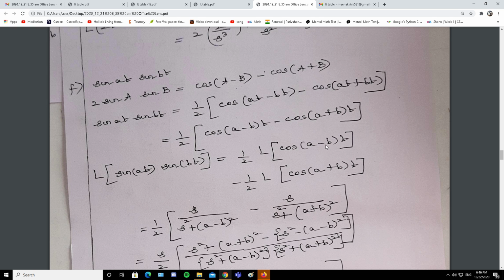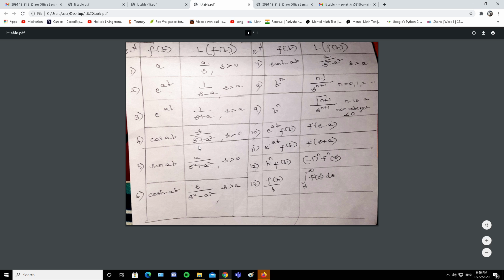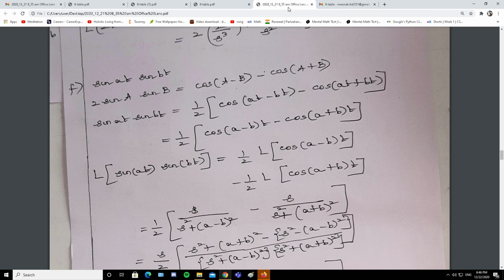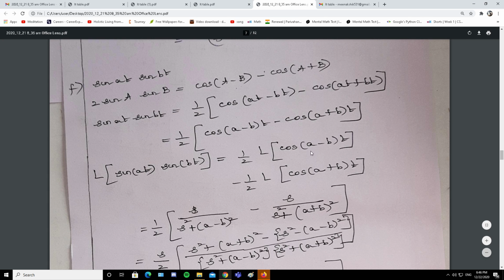So what is Laplace of cos a t? s by s square plus a square. In place of a t, you have a minus b t. A minus b and a plus b are constants. So in place of a, you have a minus b: s by s square plus a minus b whole square. And here s by s square plus a plus b the whole square.